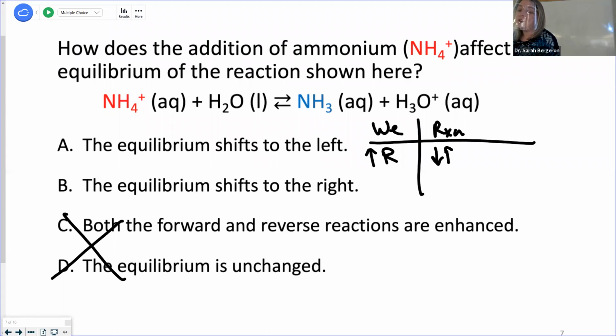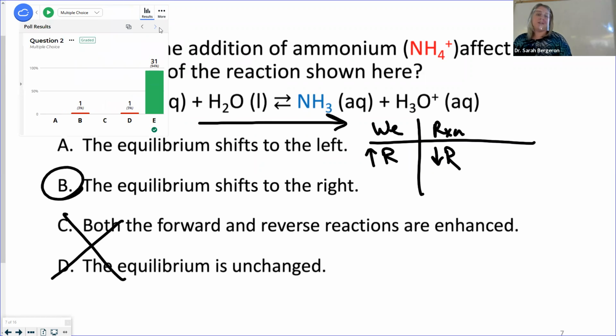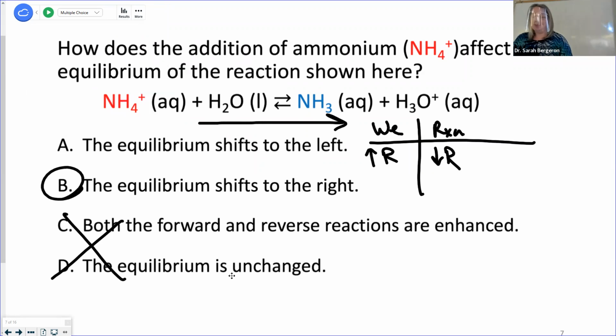It decreased it, did the opposite. So what kind of a shift does that make this? If we want to get rid of reactants, we need to go towards the product. So what kind of a shift is that? A right shift. So what did we say? B, good. Very good, awesome.